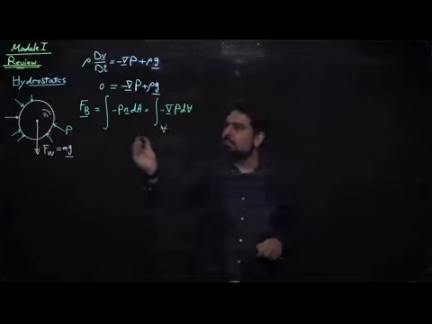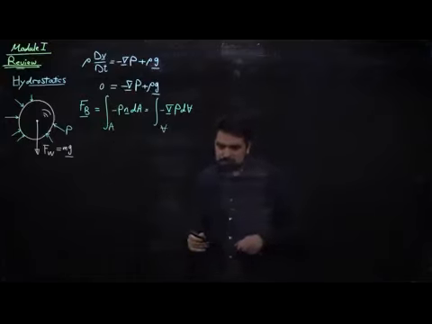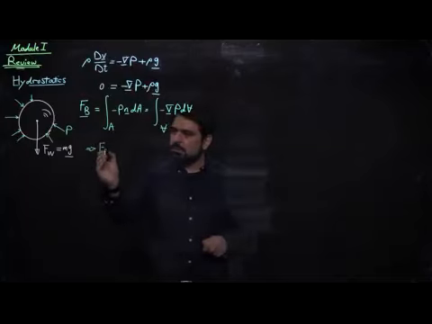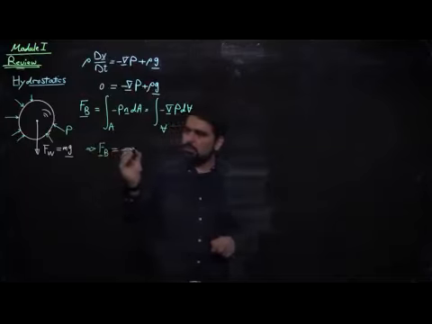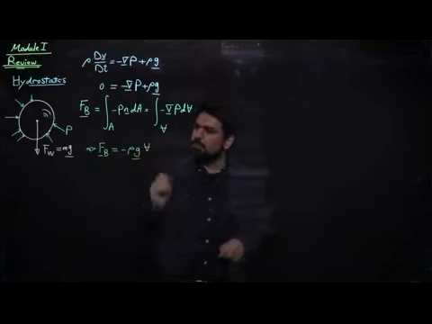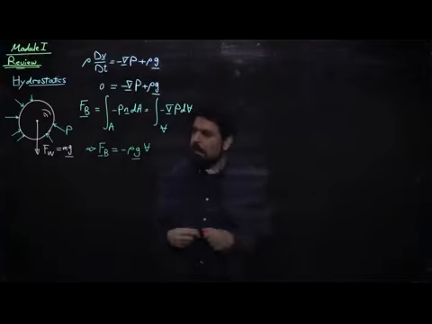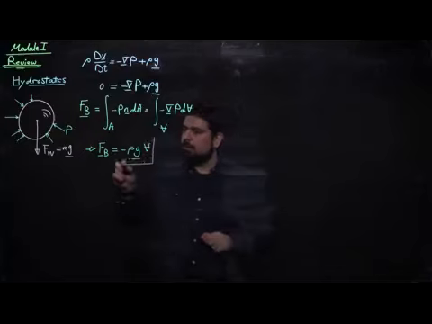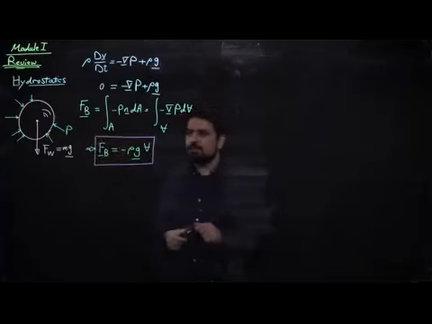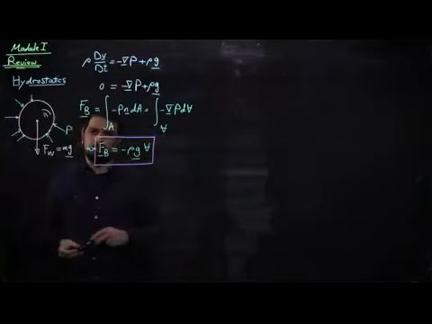So this is an integral on the volume, and this was an integral on the surface area of this sphere. And we showed that indeed this buoyant force becomes equal to minus rho g as a vector multiplied by V. So it's exactly equal and opposite in direction to the weight of the volume of the fluid that has been displaced. This rho, remember, is the density of the fluid around this submerged object.